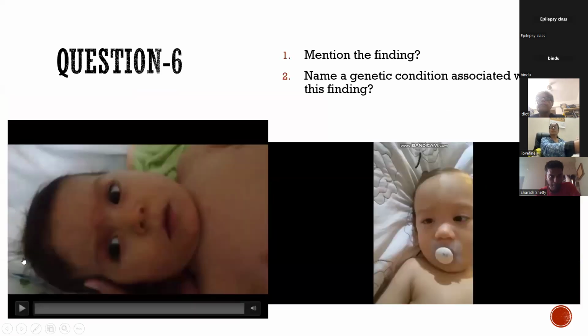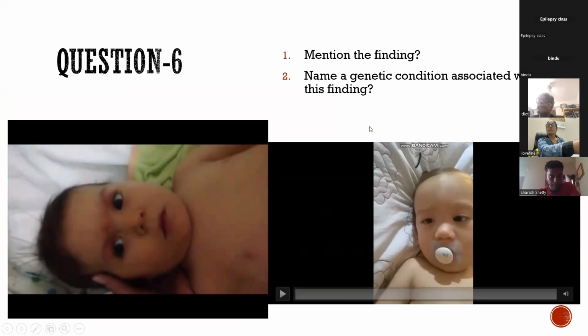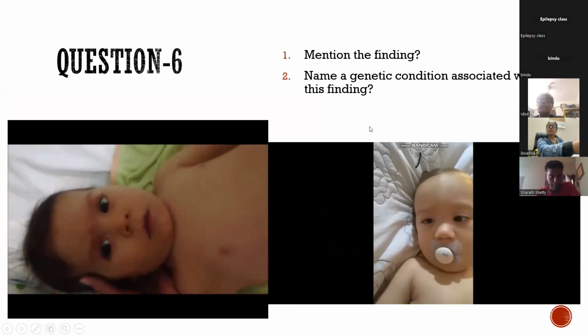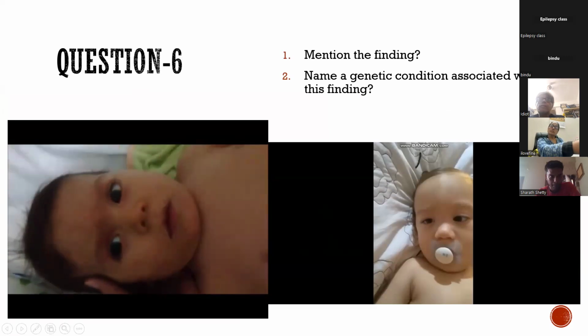Next question. So there are two videos of children with this characteristic eye movement abnormality. Mention the finding and name a genetic condition associated with this finding.